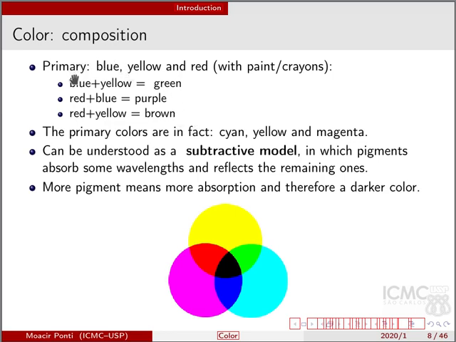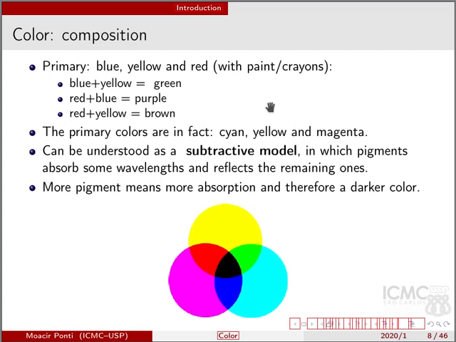However, what we see in kindergarten is not an exact set of primary colors with respect to a more general color system. The primary colors that use paint are in fact cyan, yellow, and magenta.